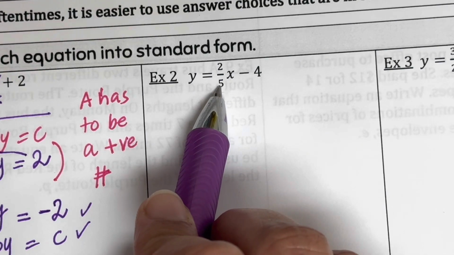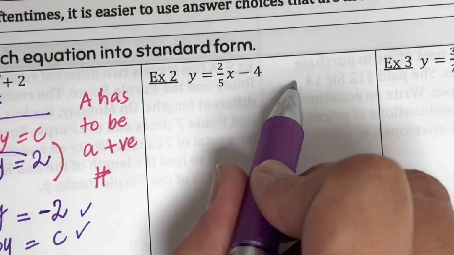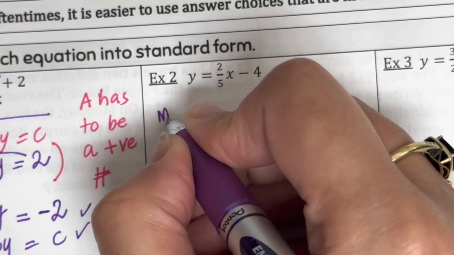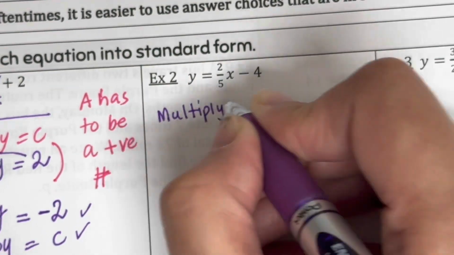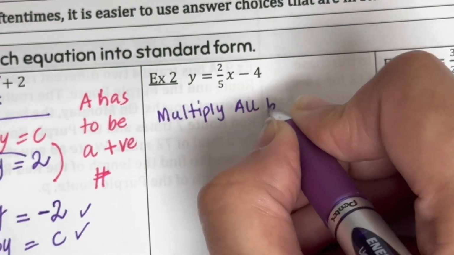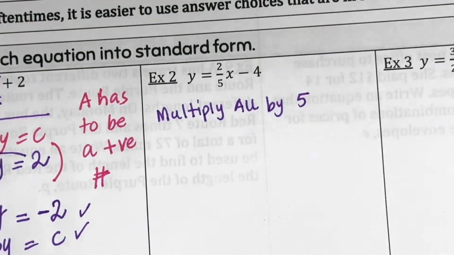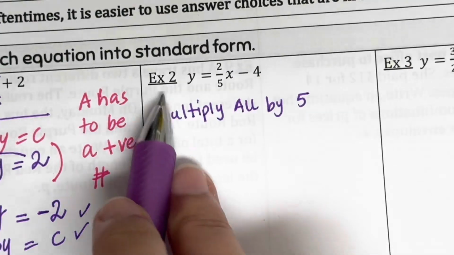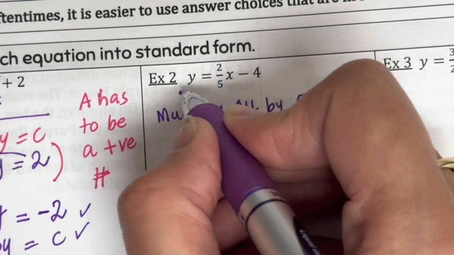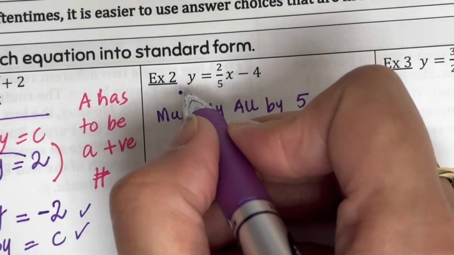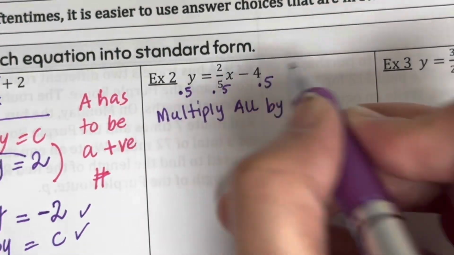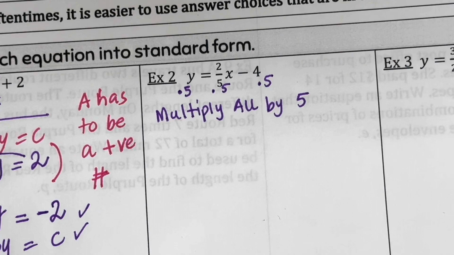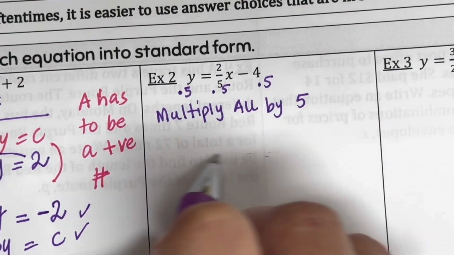So the first thing I'm going to do is multiply each of the following by 5. So I'm going to multiply all of that by 5. I'm going to put 5 here, multiply by 5 here, and multiply by 5 here, and write down my final answers at the bottom.